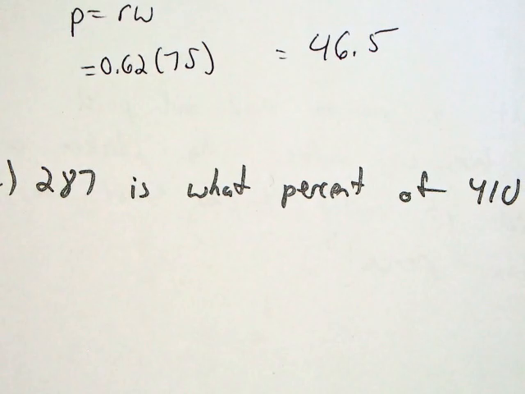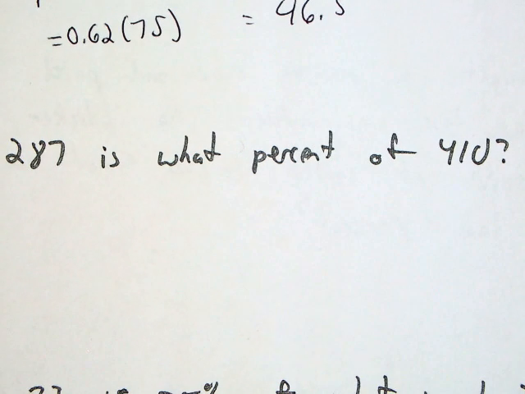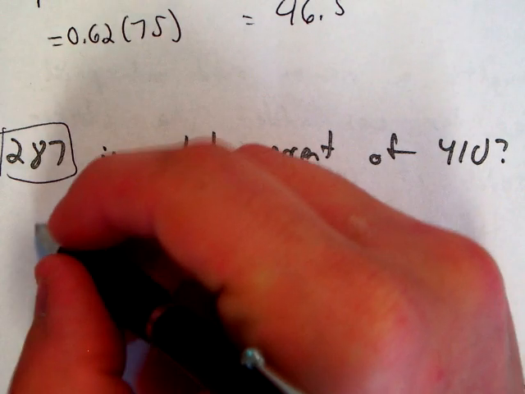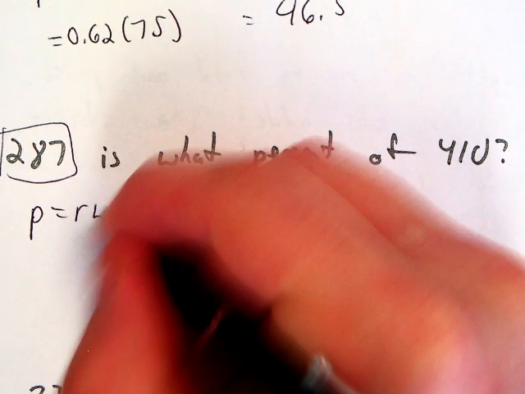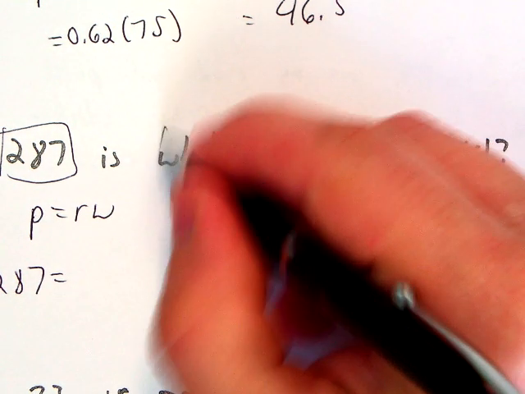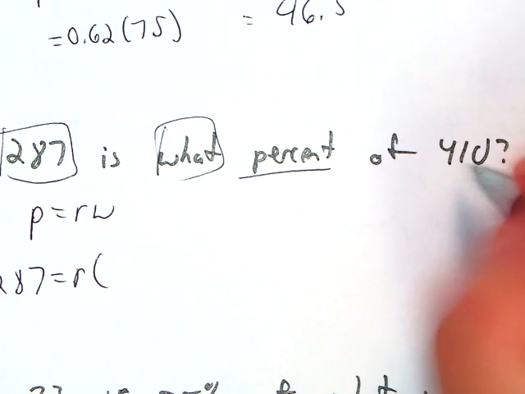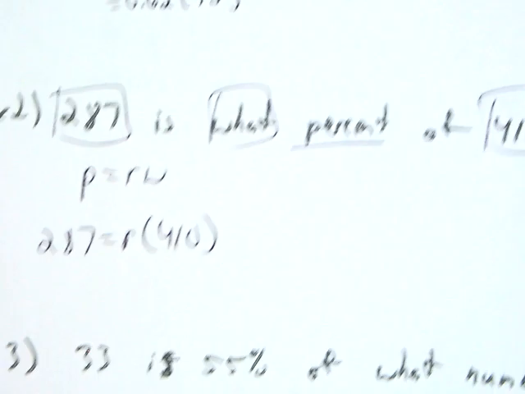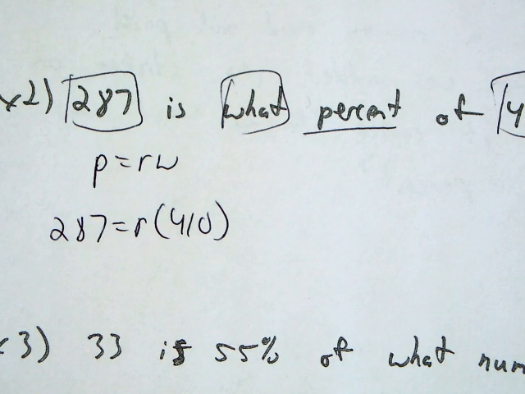So I have 287 is what percent of 410? So the is, that's this 287, that's the part. So I have 287. Is what percent? I don't know. That's the R. And of is 410. So I have 287 equals R times 410.